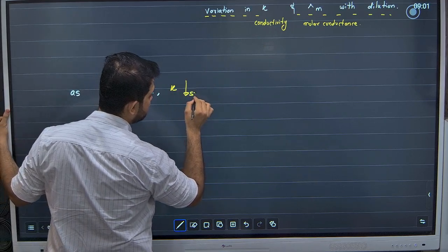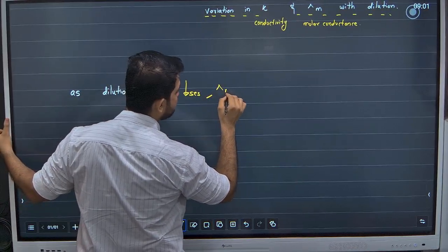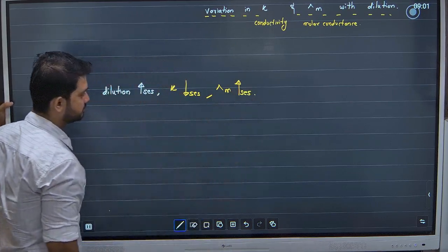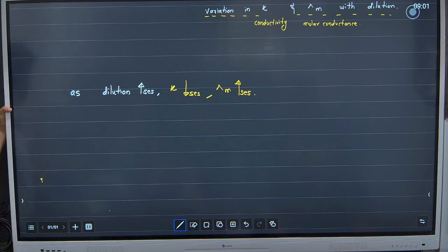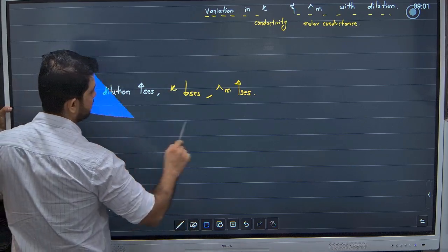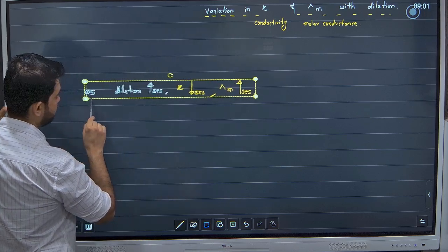Kappa decreases. And what happens to molar conductivity, lambda m? Increases. Did you people get that? Anyone who didn't understand this? Simple hai? Chalo. Now let us plot this.